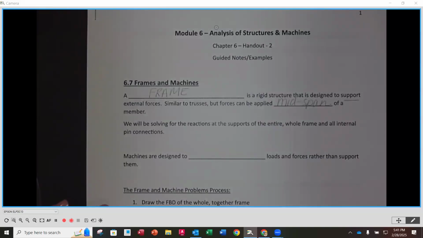Frames can be attached anywhere along any one of the members. So that's what makes them distinctly different than trusses. Now, we'll be solving for reactions at supports on the entire frame, just like we did for the trusses, and then we're going to take it apart and look at the internals.